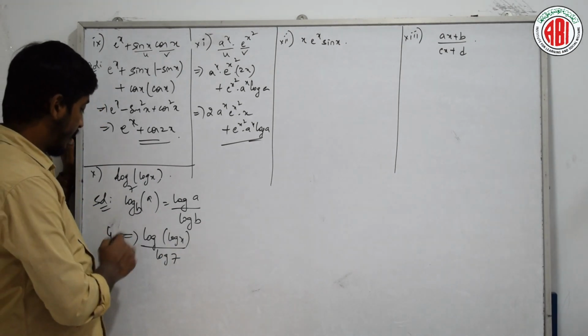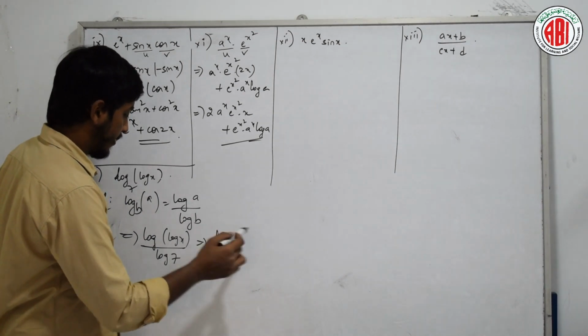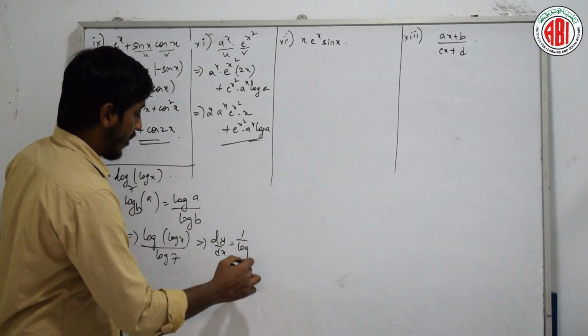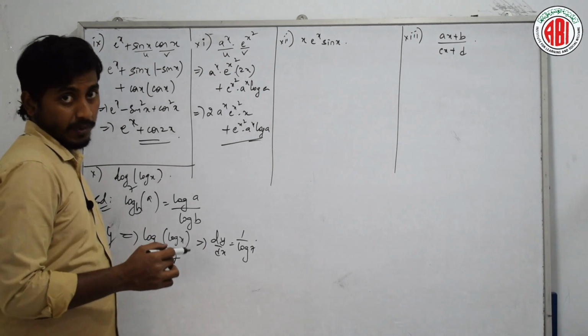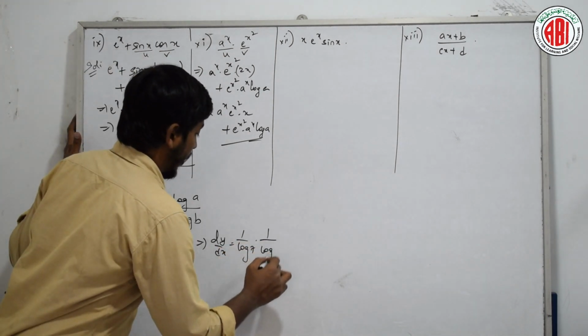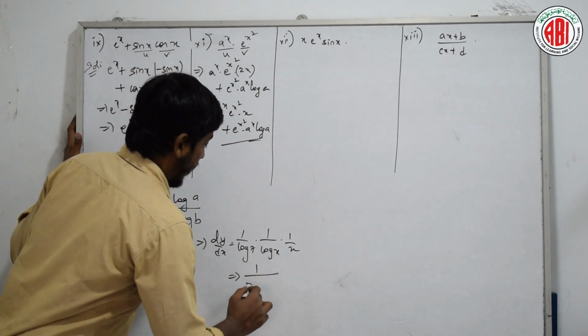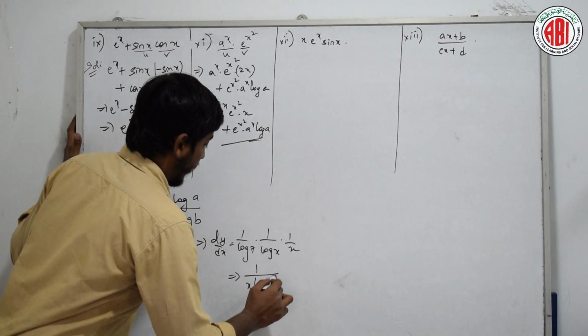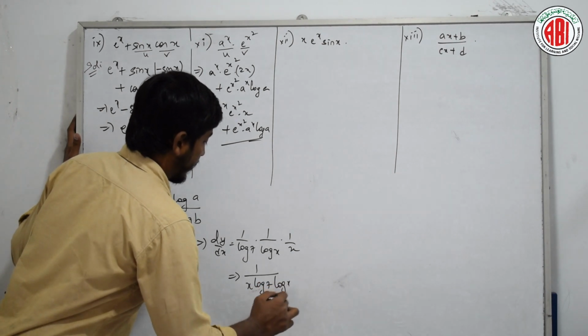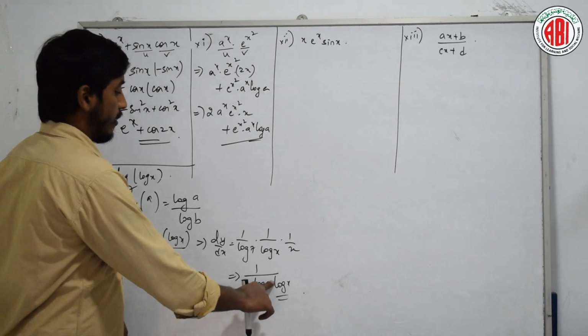If this is y, then the differentiation of that is given by 1 by log 7, which will be constant. Then log of log x differentiation is 1 by log x into 1 by x. Therefore, my answer is 1 by x log 7 log x. Clear? Is it not easy to solve?